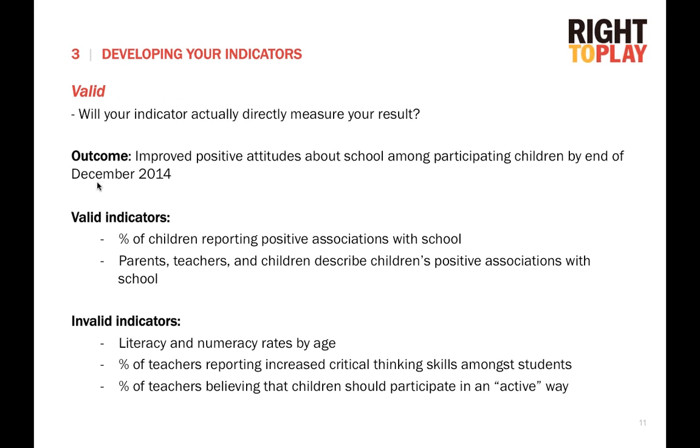Because if children have good attitudes towards school, they might engage and perform better. But the thing is that these invalid indicators don't specifically measure a change in attitudes. So even though they measure something related to education, it's not specific to the children's attitudes, which is why I've listed them as invalid indicators.